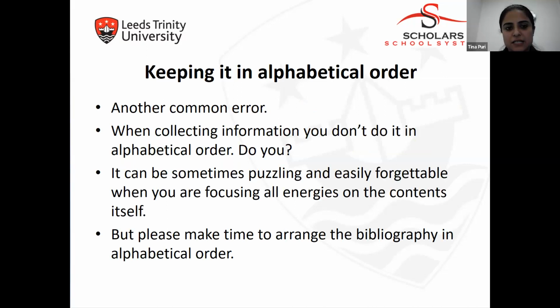Keep it in alphabetical order. Another common error: when collecting information, you don't do it in alphabetical order, do you? It can sometimes be puzzling and easily forgettable when you are focusing all your energy on the content itself, but please make time to arrange the bibliography in alphabetical order.